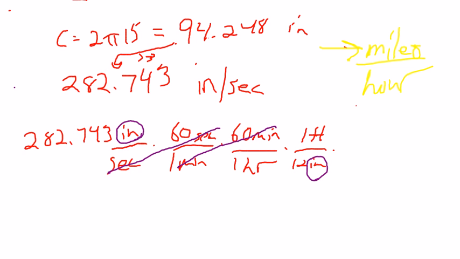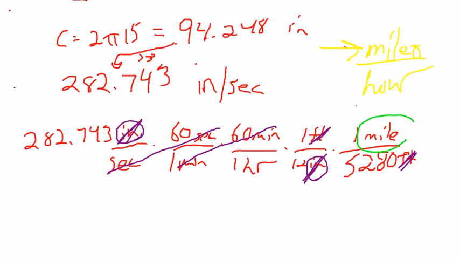Back to red. Now I need to get all the way up to miles. Every single one of you should know how many feet there are in a mile. 1 mile is 5,280, come on now, feet. So notice, I'll go back to purple. This guy canceled with that guy, and now my feet cancel with my feet. If you look at the units that we have total, I'll circle them in green.